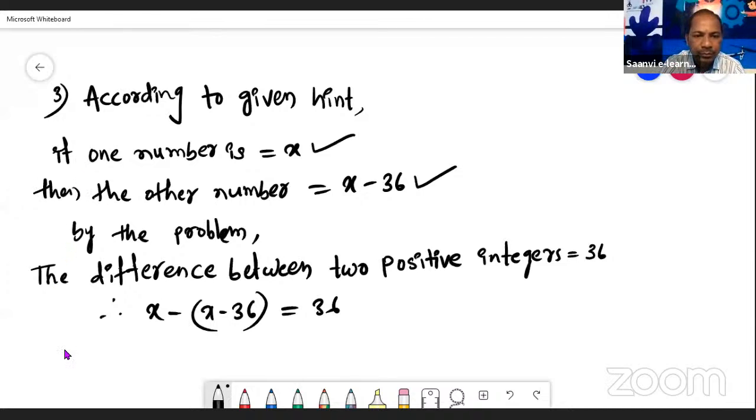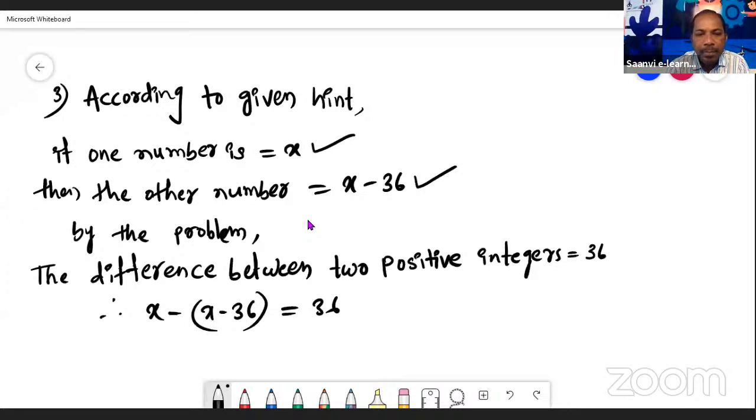Now the difference between two positive integers is given as 36, and again what is given? The quotient when one integer is divided by the other is 4.